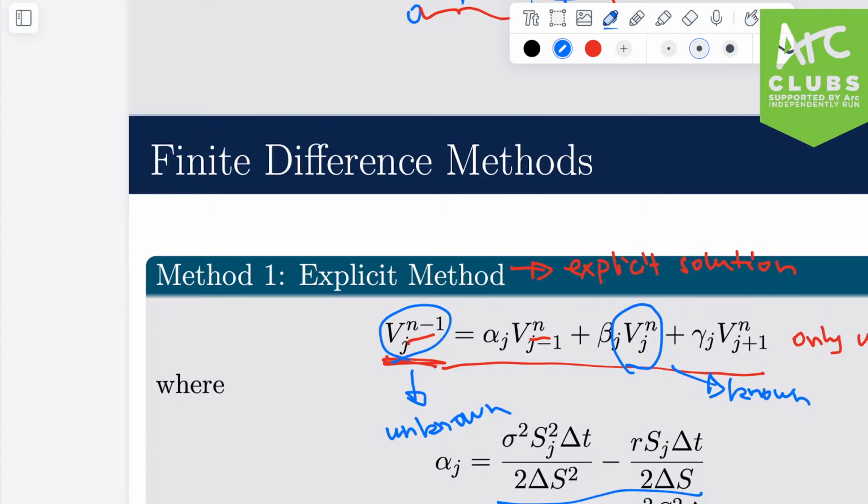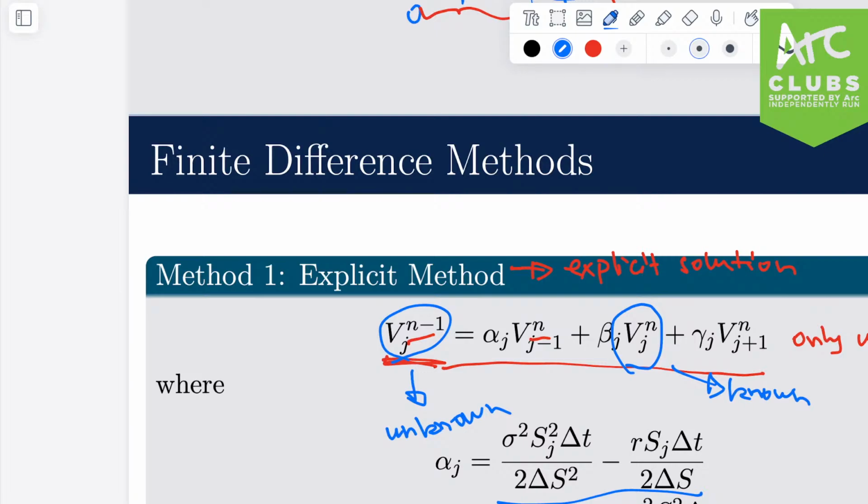The reason behind this is that it is only stable if alpha j plus beta j plus gamma j is less than 1, and after some numerical manipulation, you will get the fraction here.